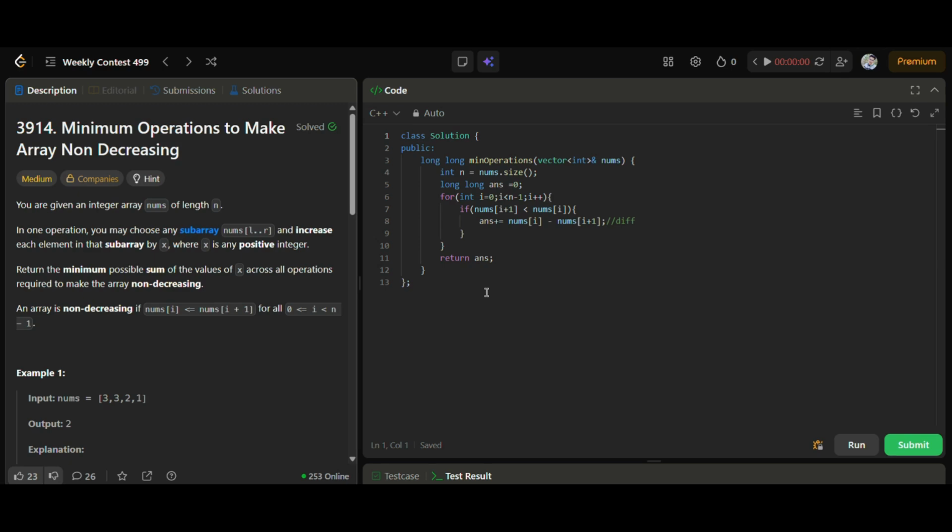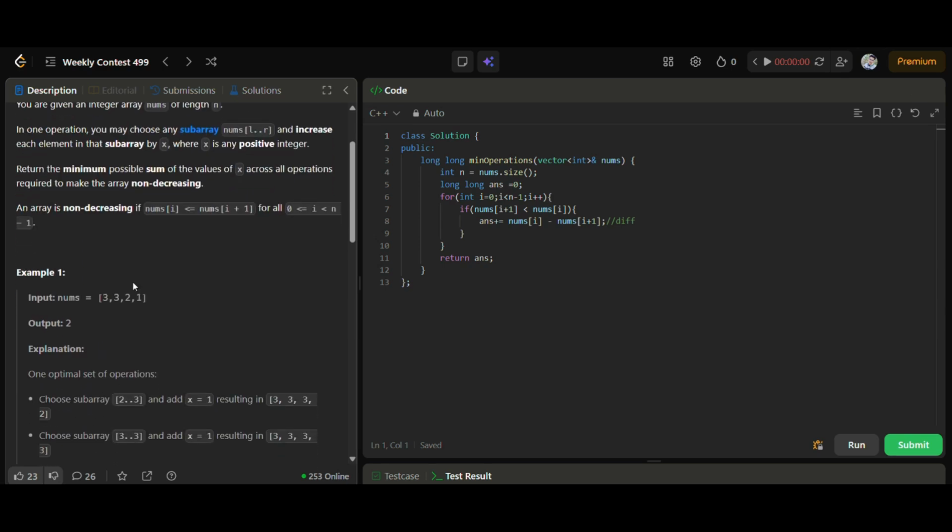In this example, you see 3 3 2 1. The 3 3 is okay, but the 2 is not okay. So I need 3 or greater. For minimum operations, I make it 3, so my x value is 1.